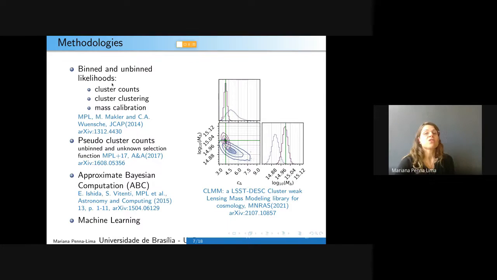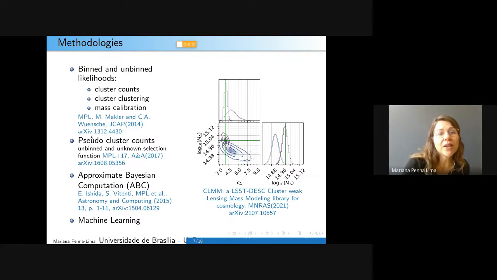So you can find in the literature binned and unbinned likelihoods for cluster counts. We have also the information about cluster clustering, and you can also combine cluster counts with cluster clustering. We also use these methodologies for mass calibration, because most of the time we are interested in constraining not just the cosmological parameters, but also in obtaining the mass calibration.